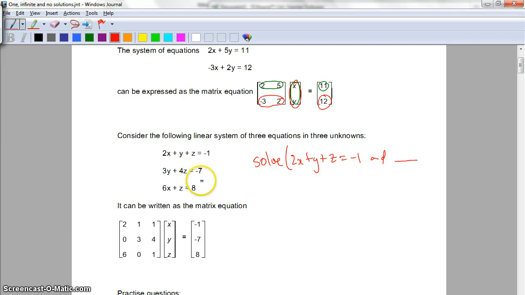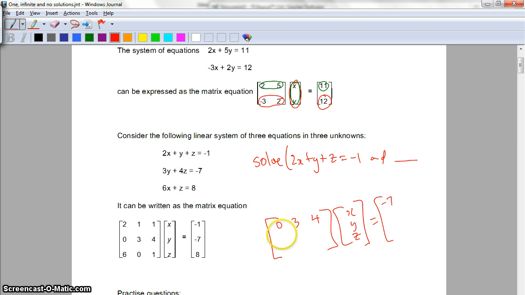So let me show you an equivalent matrix that is also the same as this one. This could also be written as 0, 3, 4 times x, y, z, which equals negative 7.